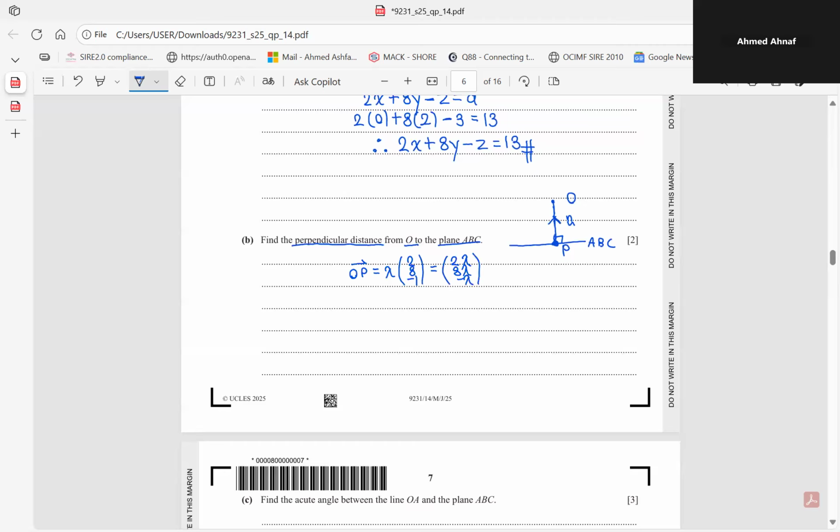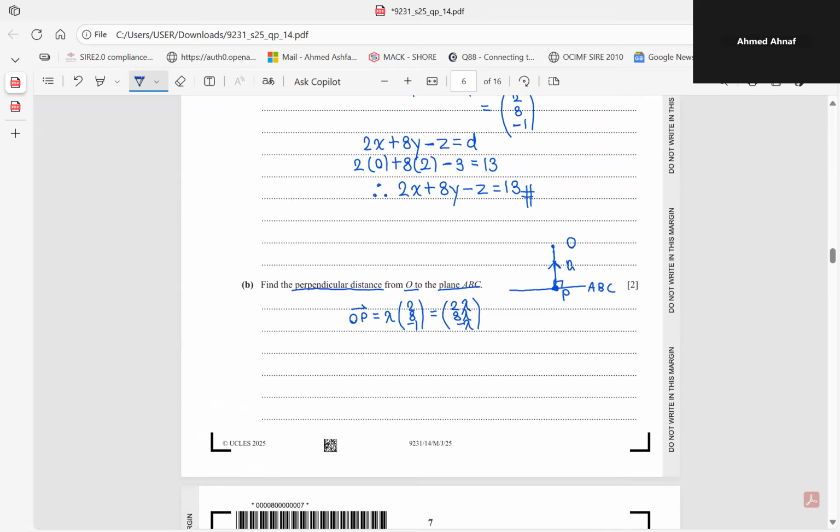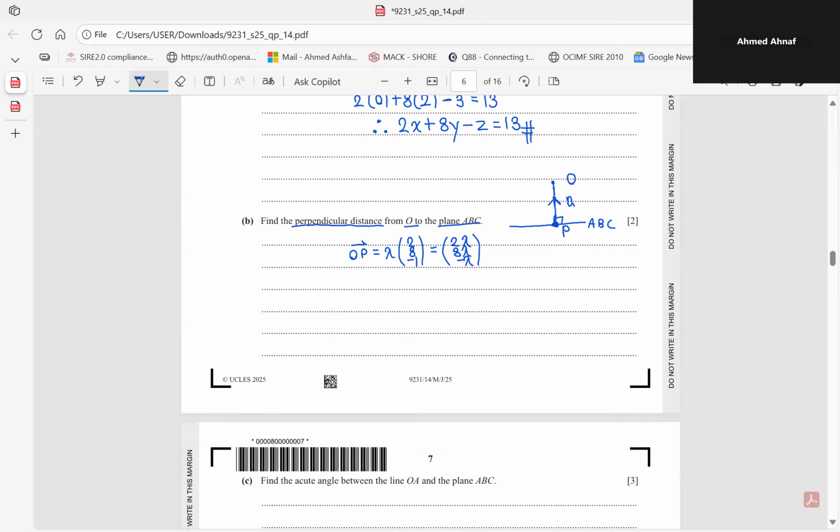And okay, so now that we have the position vector of OP, now we can substitute the coordinates of OP into the equation of the plane. Okay, so this is 2 times 2 lambda plus 8 times 8 lambda minus lambda equals 13. And this would give you 4 lambda plus 64 lambda plus lambda.